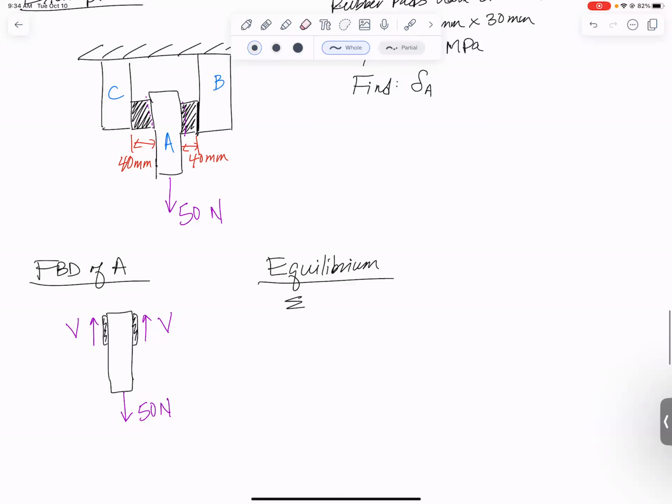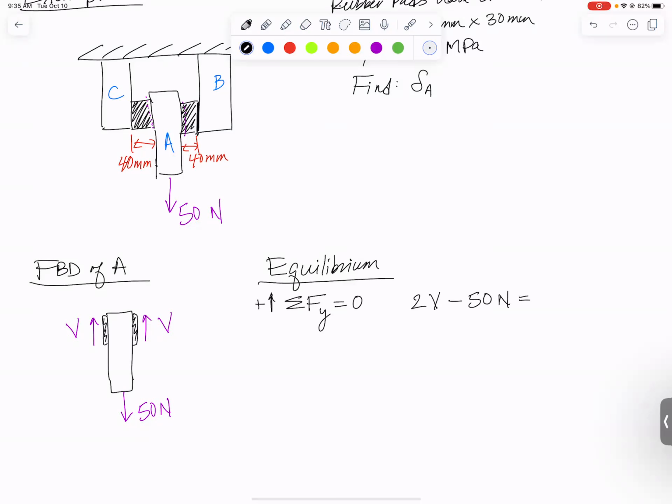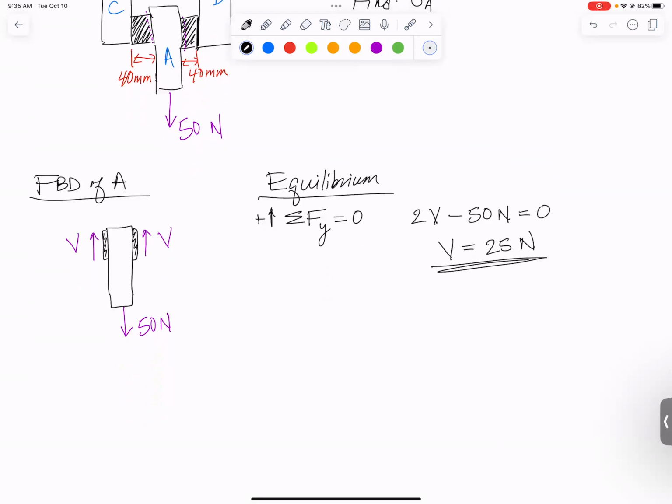Summing forces in the y direction has to be 0, and I get 2 times the shear force minus 50 newtons equals 0. So the shear forces are each equal to 25 newtons. That's how much shear force is in each of those pads. Next, let's calculate shear stress.